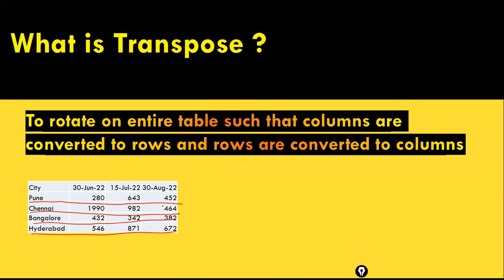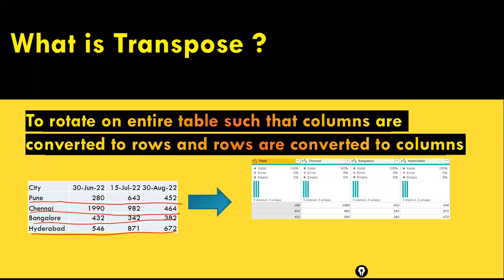And instead of storing the city row wise, if we want to store the city column wise, with all the three data, so 280, 643, and 452. If I want to rotate this, then we can go for transpose.